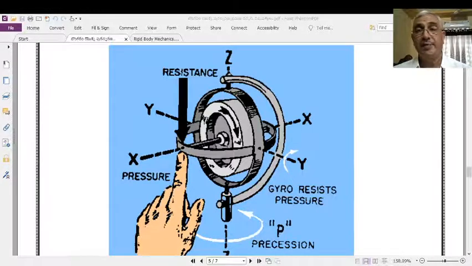In the previous class, we discussed the precession of the spinning top. A spinning top possesses two types of motion simultaneously. One is the spin around its own axis, and the other is the precession, that is the rotation of its spinning axis about a vertical axis.